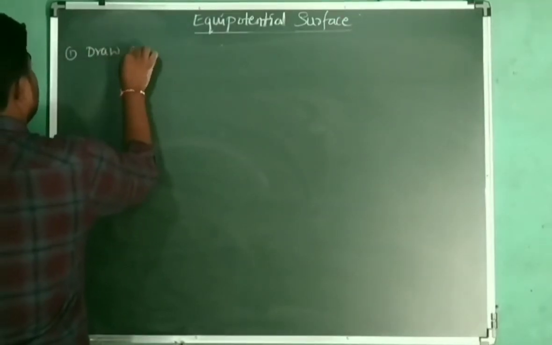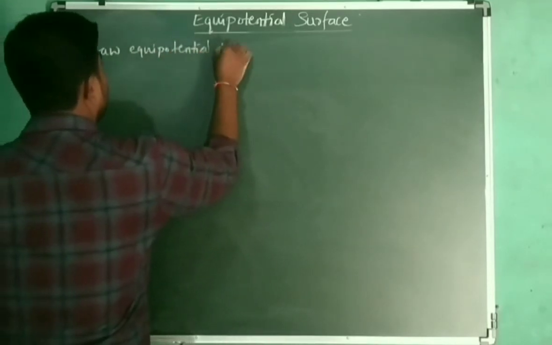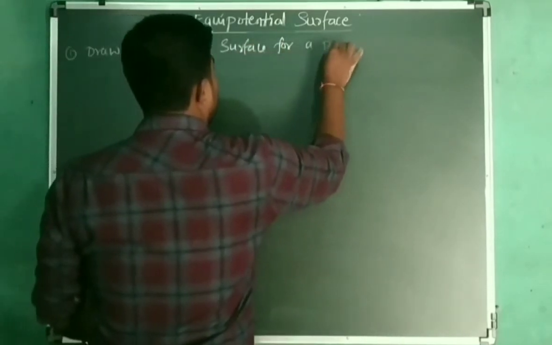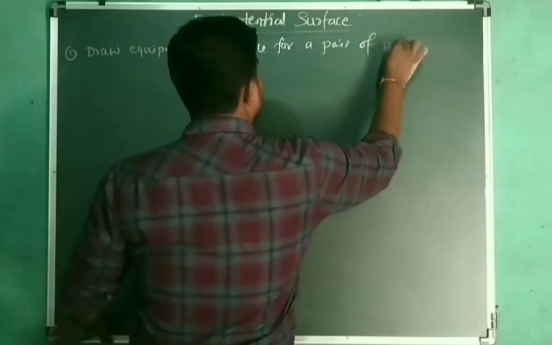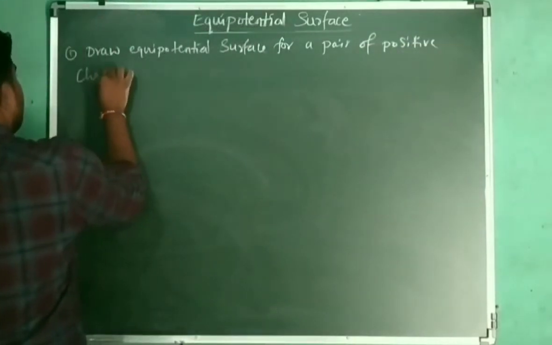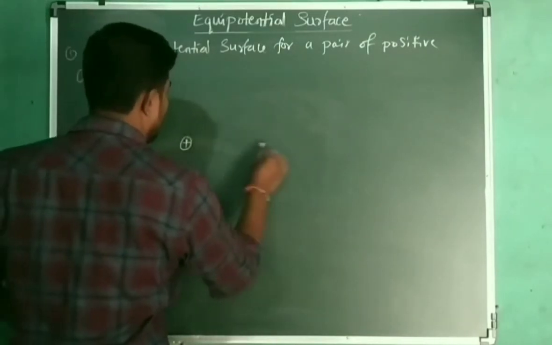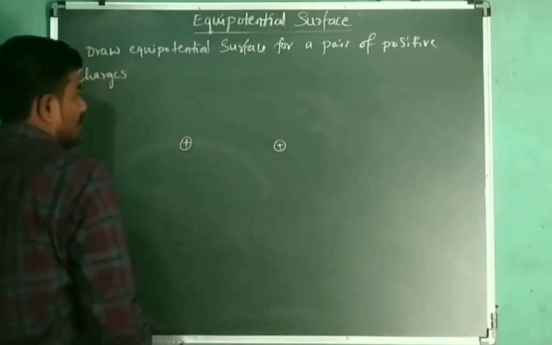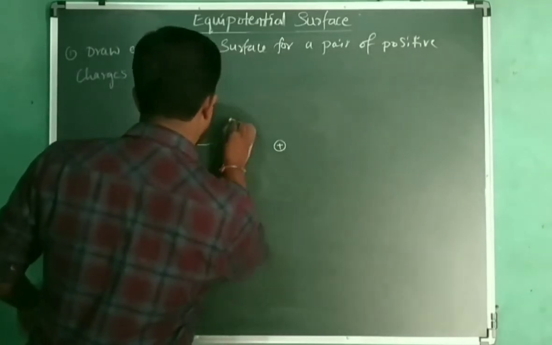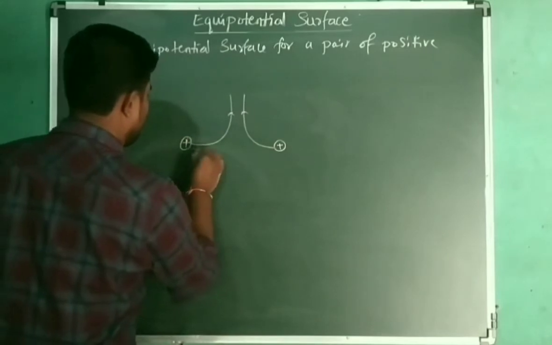Draw equipotentials or equipotential surfaces for a pair of positive charges. For this, consider two positive charges. The direction of electric field lines will be radially outward. First we shall draw the direction of electric field lines, then the equipotential surfaces.